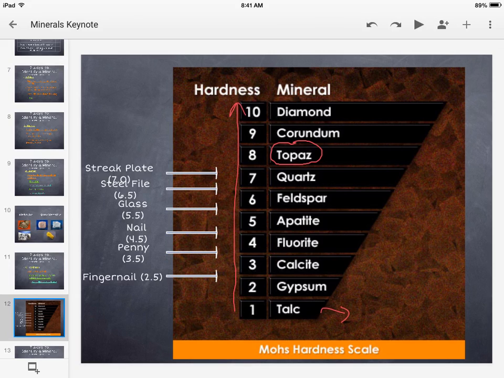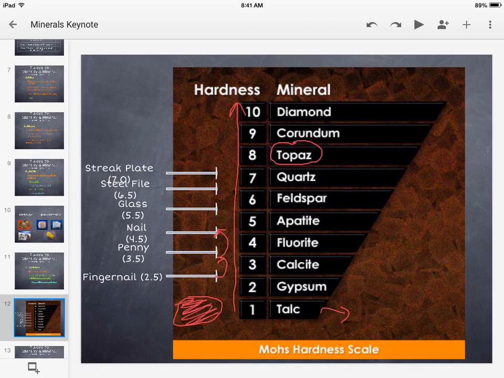And so using that idea, you take your unknown mineral, here's my unknown mineral right here, and you're going to start by scratching it on known substances. You'll start with your fingernail. If the mineral can scratch your fingernail, then you move up to the next one, and you know it's above 2.5. If your mineral can scratch a penny, you know it's at least 3.5, so you move up to a nail.